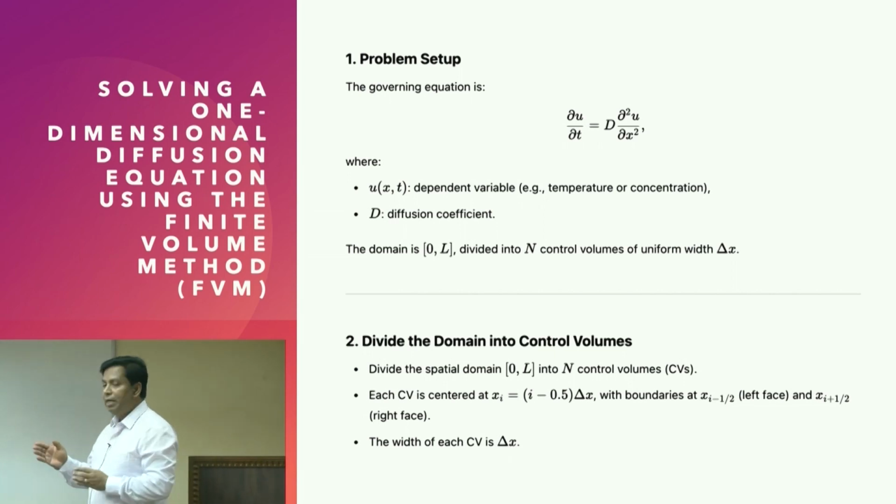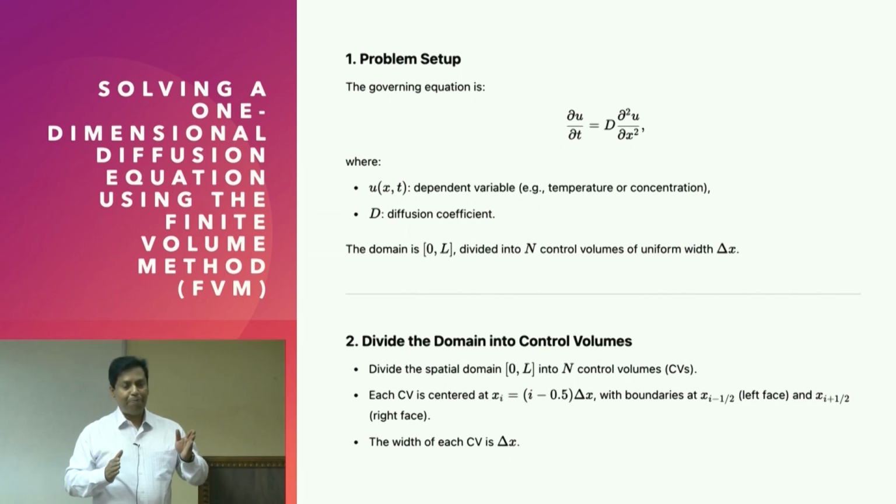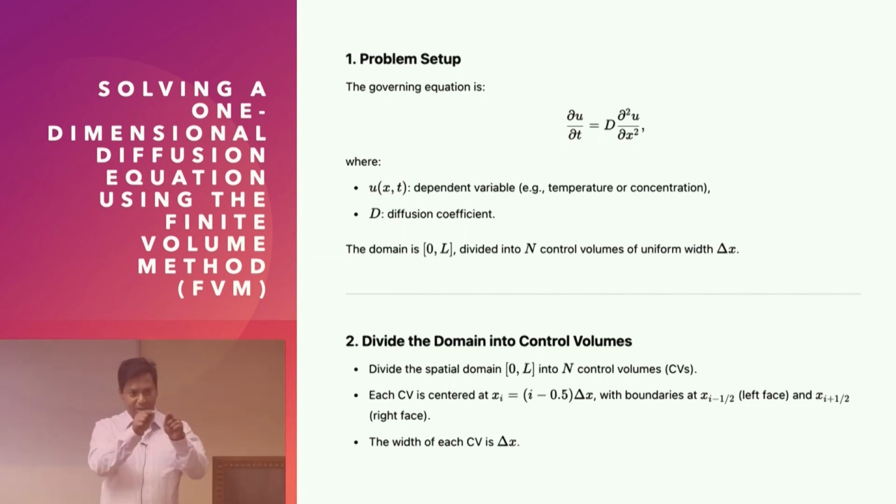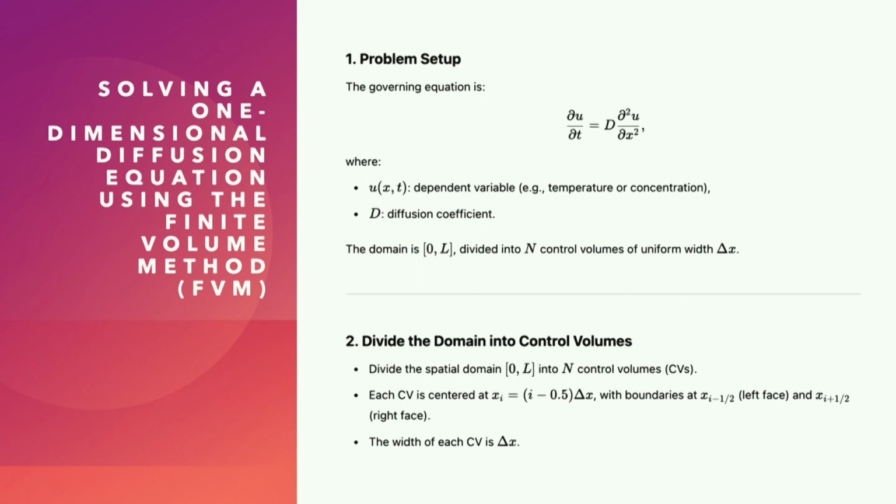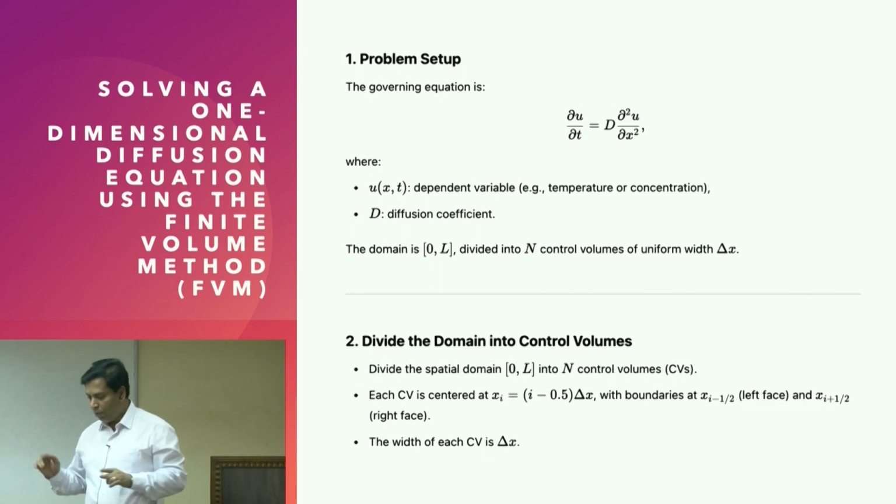Then what will be the boundary? The left face and the right face, because those are called faces. The left face is x_(i-1/2), the right face is x_(i+1/2), and the middle is x_i. Okay, that's it. And then the width of the control volume is del x. So this is the way we define it.